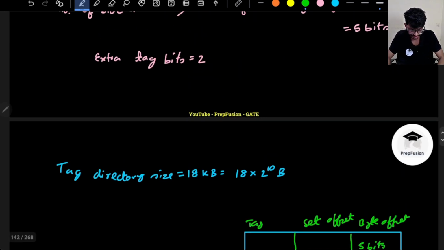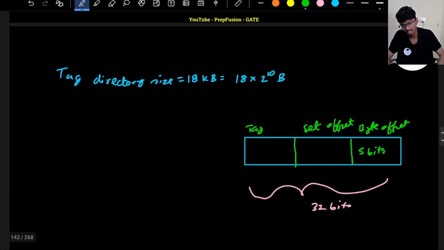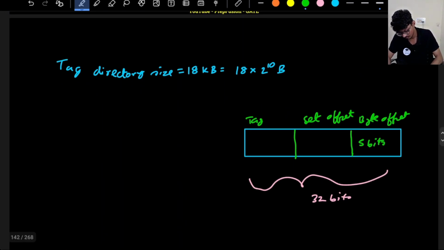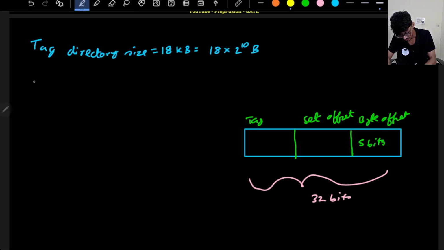Now, if it is k way set, what is the number of sets? Number of sets equals 2 raised to power k.